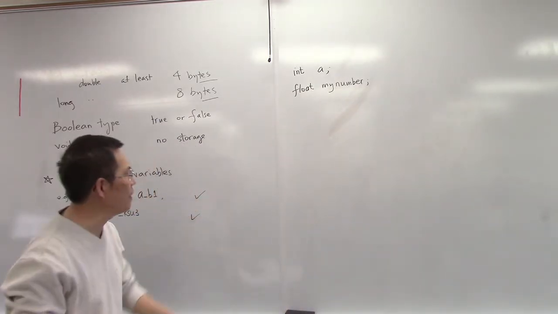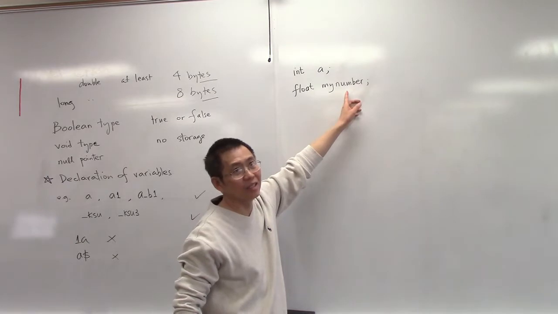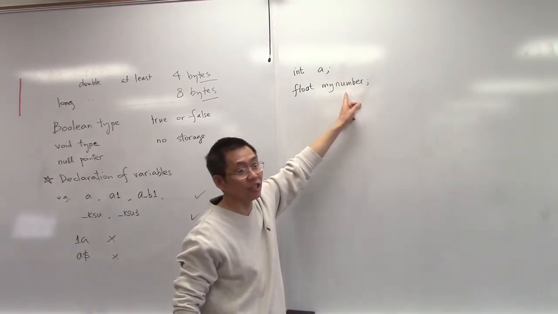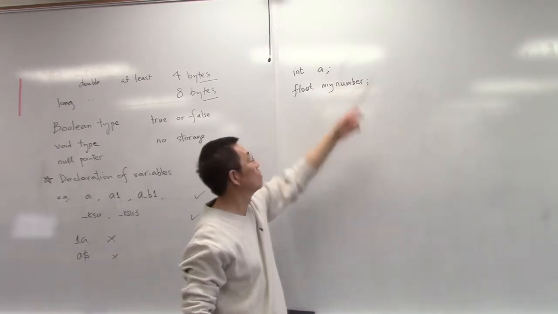If you assign the integer 10 to it, it will assume it's 10.0. It will convert it into a floating point number.